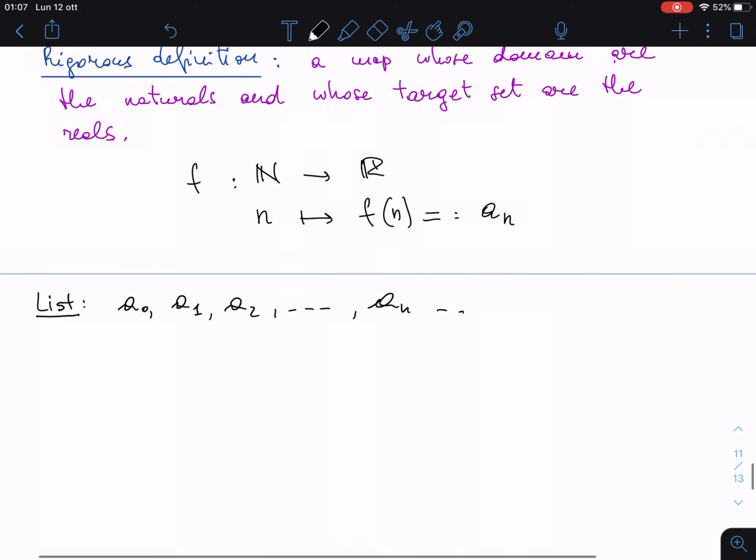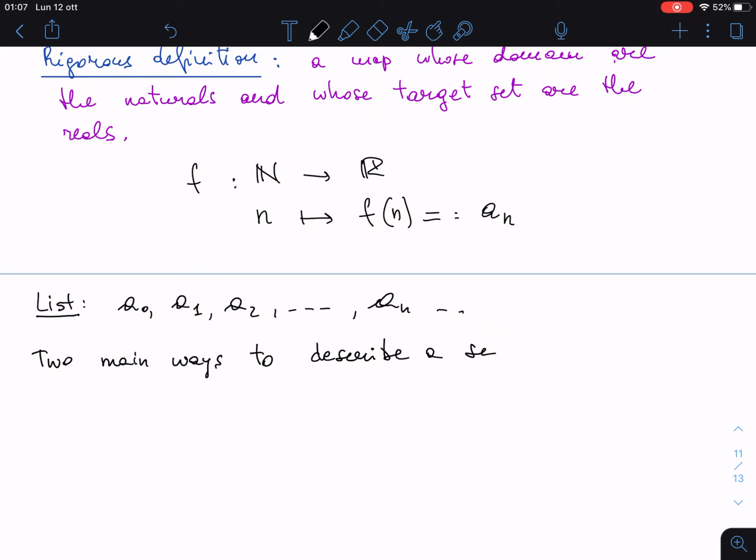So in general there are two main ways to describe or to introduce a sequence. The first, by giving a law in the form of a function.